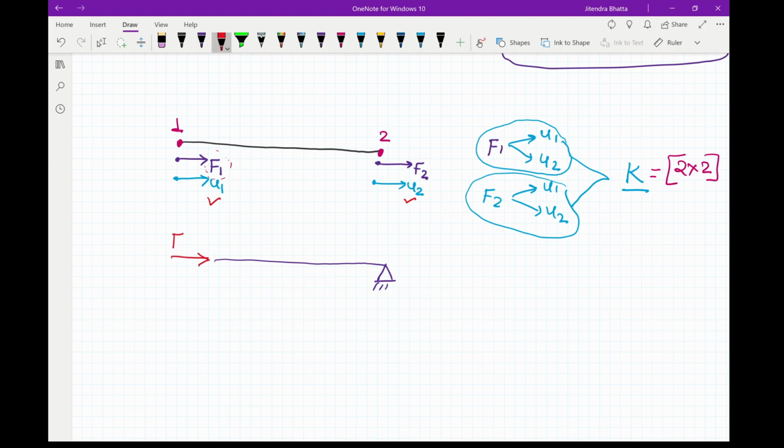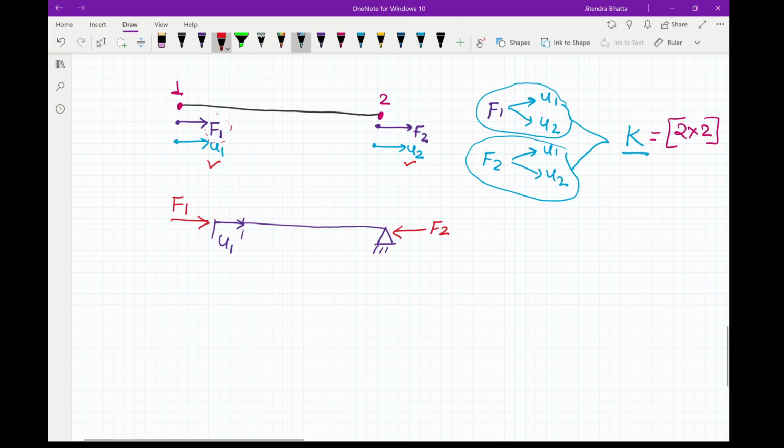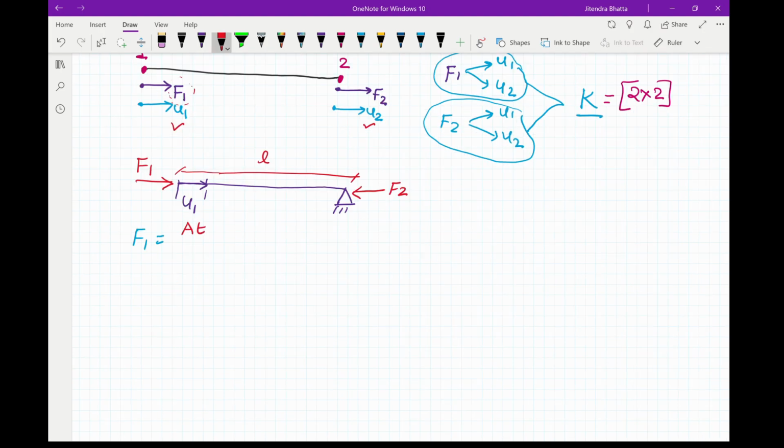F1 is applied here, which will induce displacement from here to here. That will be U1, and then on this side you will have a reaction, that is F2. Now what will happen is your F1 here will be equal to AE by L.